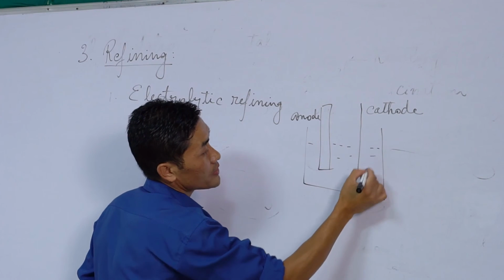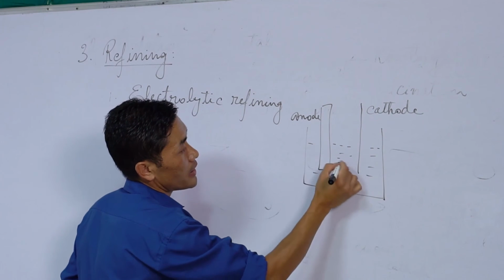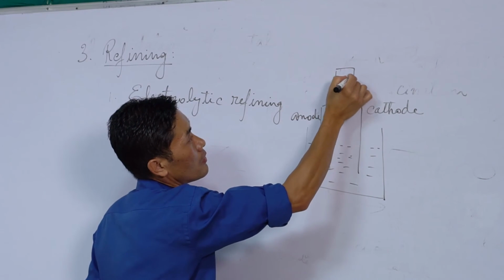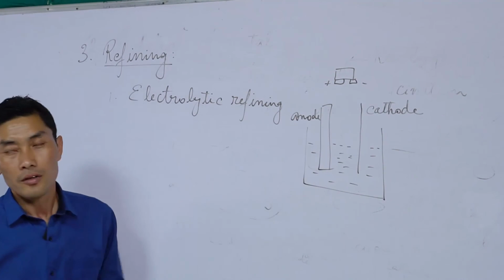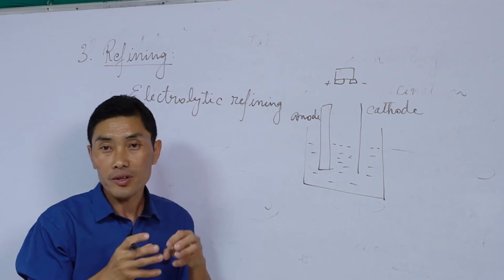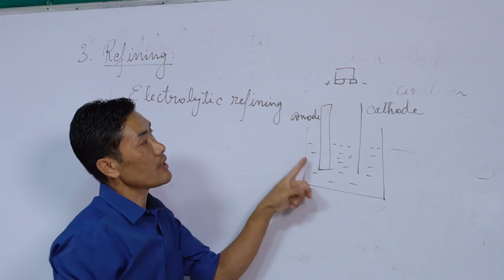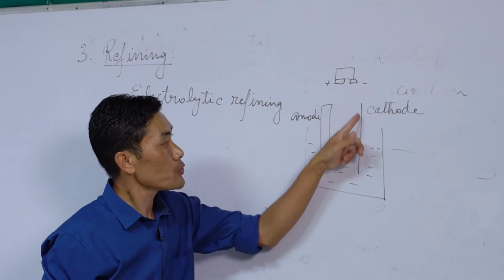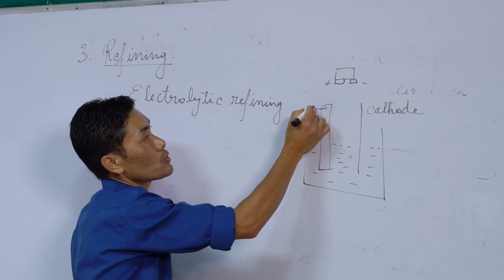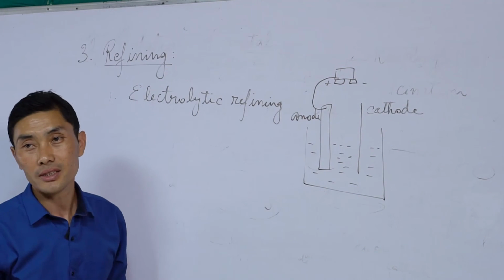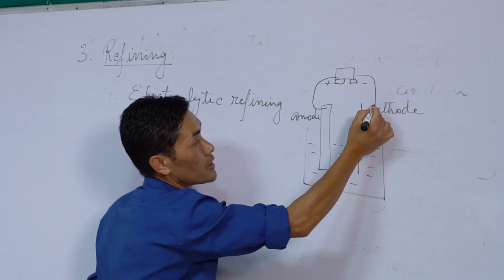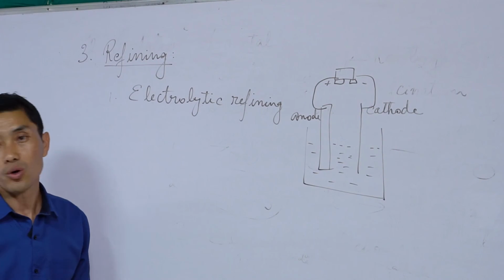A salt solution of the same metal is used as the electrolyte. For example, if we want to purify copper metal, then the impure copper will be made the anode, and a very thin strip of pure copper will be made the cathode. Anode means this is connected to the positive terminal of the source of current, which may be a cell or a battery, and the cathode is connected to the negative terminal of the battery or the cell.